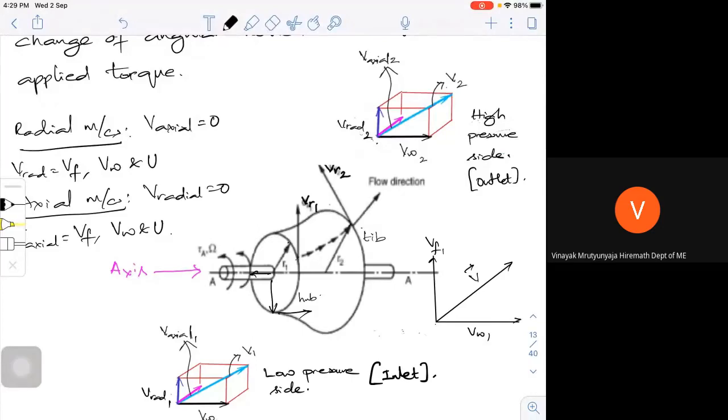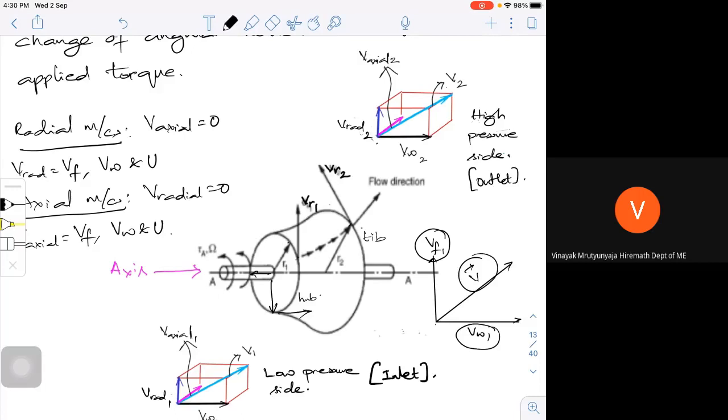Okay. Now, this flow component I need to look at. I'm resolving it: I have the flow velocity and I have the whirl component. This tangential component will remain. Now, where will this flow component be?